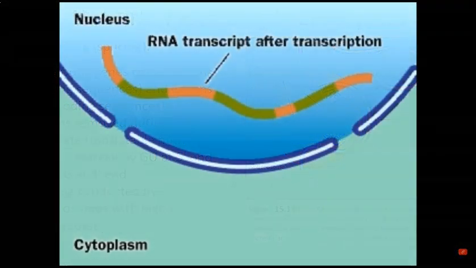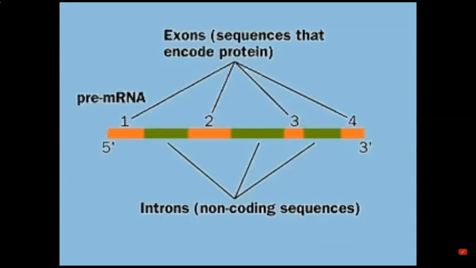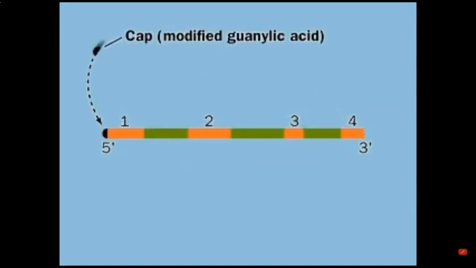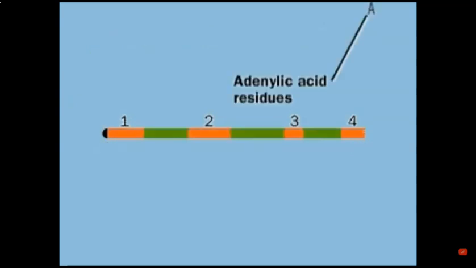Eukaryotic cells must process the RNA product of transcription to form a mature, translatable messenger RNA. The first step in RNA processing is capping, the addition of a special nucleotide to the 5' end. The second step is polyadenylation, the addition of a long tail of A's at the 3' end.